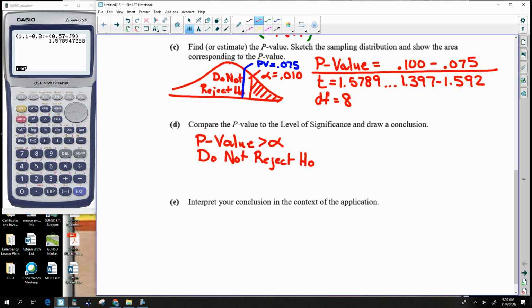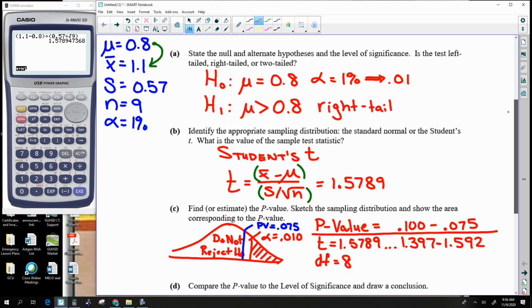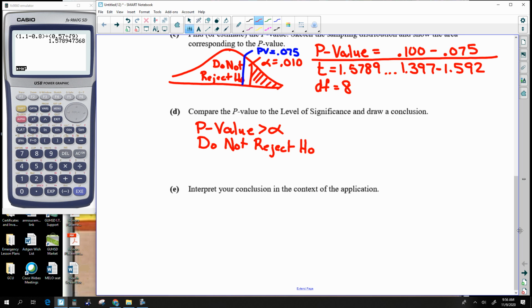What are we even talking about here? H1 is that the average is greater than 0.8. That's the draw of a motor. So we do not have enough evidence to say H1.